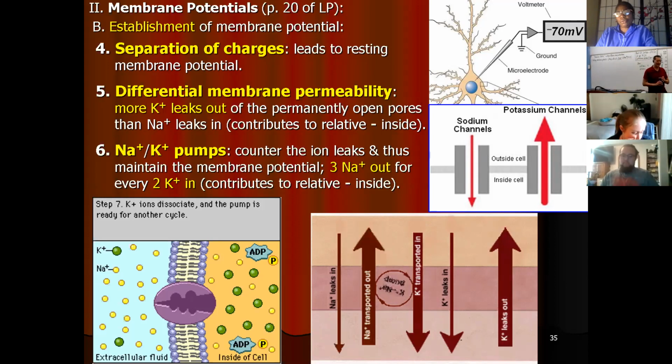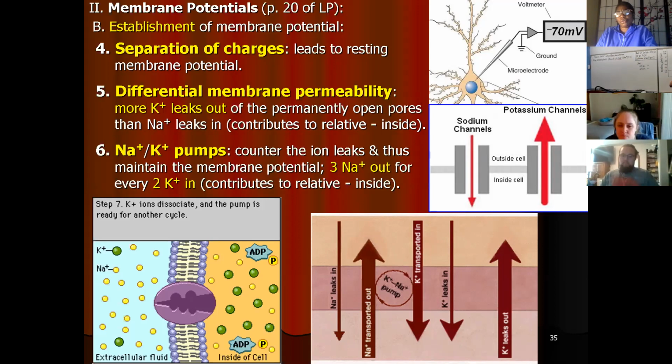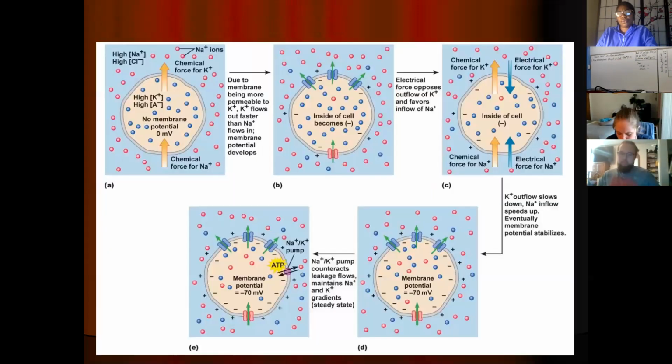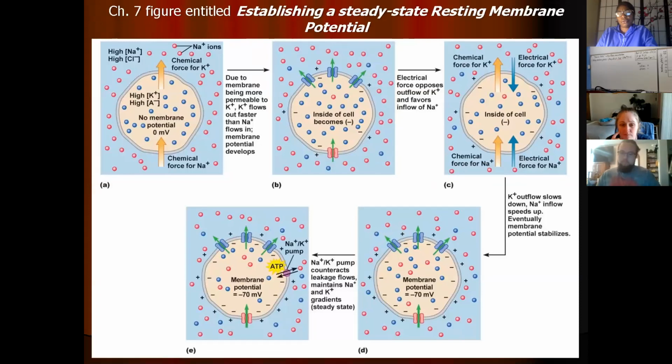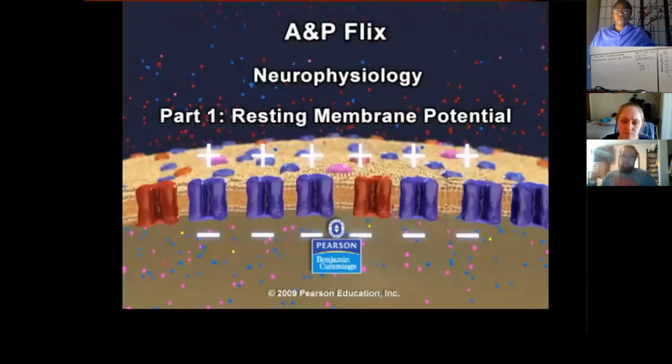Okay. All right. So right now we're talking about just basic ECF versus ICF. Here's your textbook showing you the various attributes adding up to the -70.